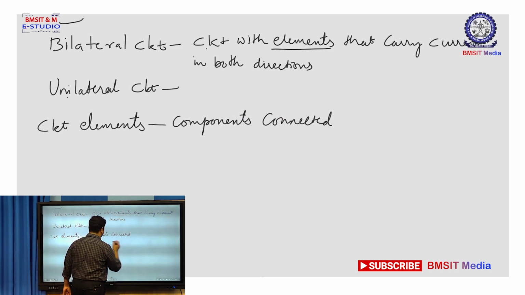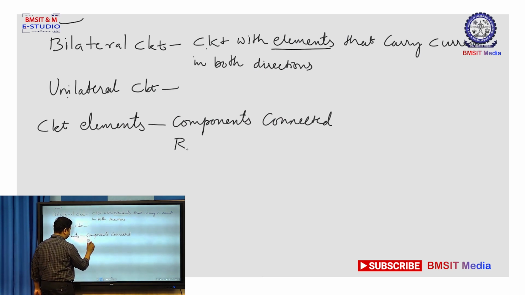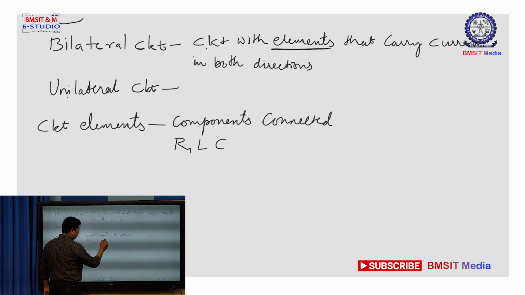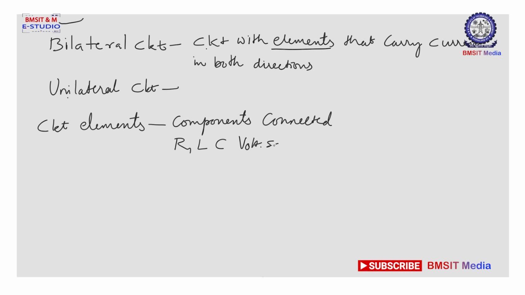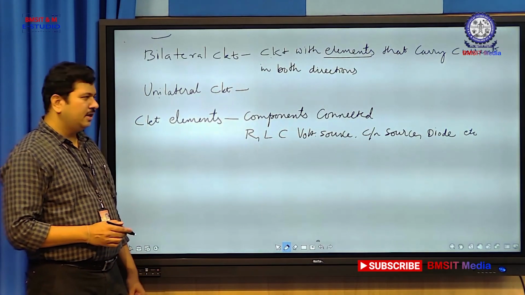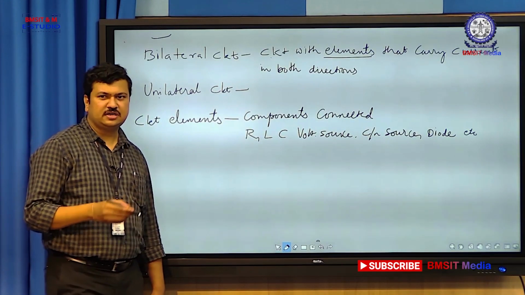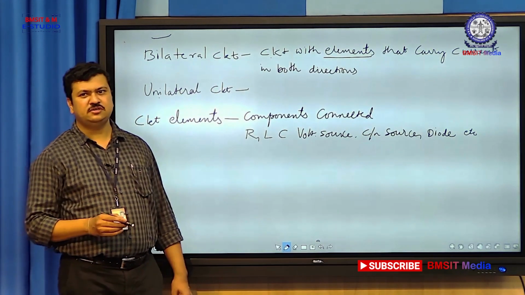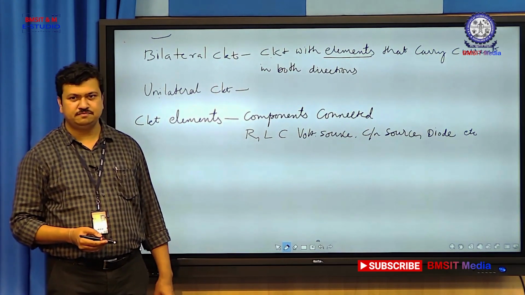It can be a resistor, an inductor, a capacitor, a voltage source, a current source, a diode, a transistor, or any other. So, a circuit element is the component that is connected in the circuit. It can be anything that is receiving the power or delivering the power.